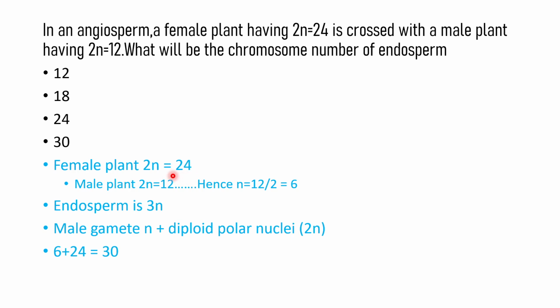So we can add this 24 and this 6. Why are we adding the 24? Because endosperm is formed by the fusion of one male gamete and the diploid polar nuclei. Hence, the answer is 30. The number of chromosomes will be 30 in the endosperm in such a situation.